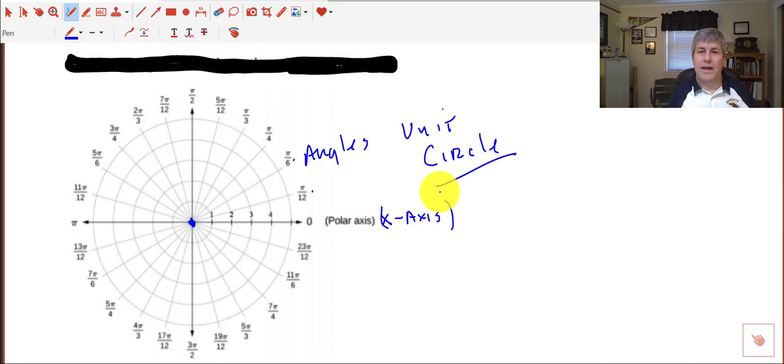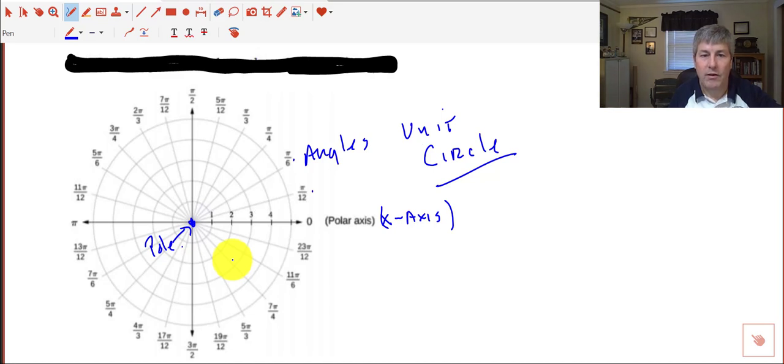There's definitely a connection between our polar coordinate system and the unit circle. So our pole here is right at the center. We've got our polar axis, and then all of our angles theta as we proceed around the polar axis.